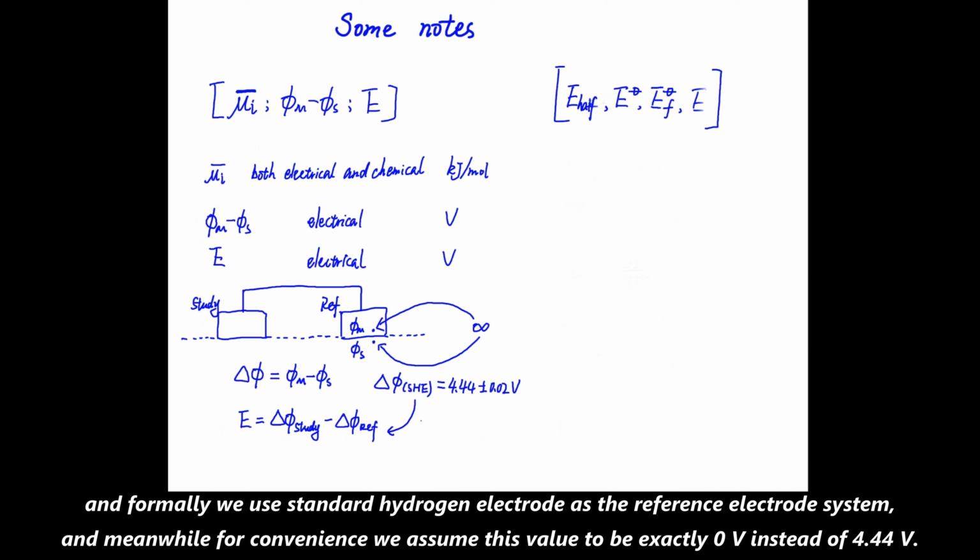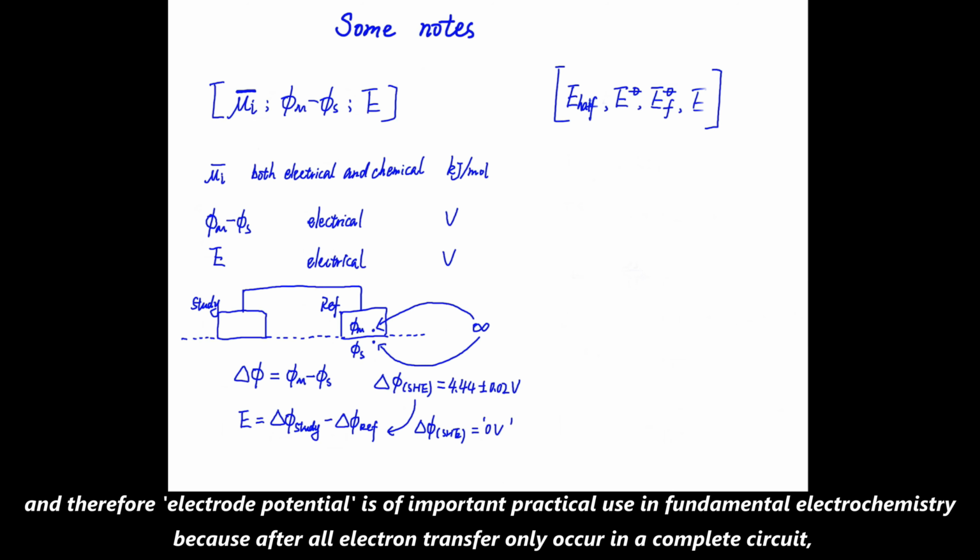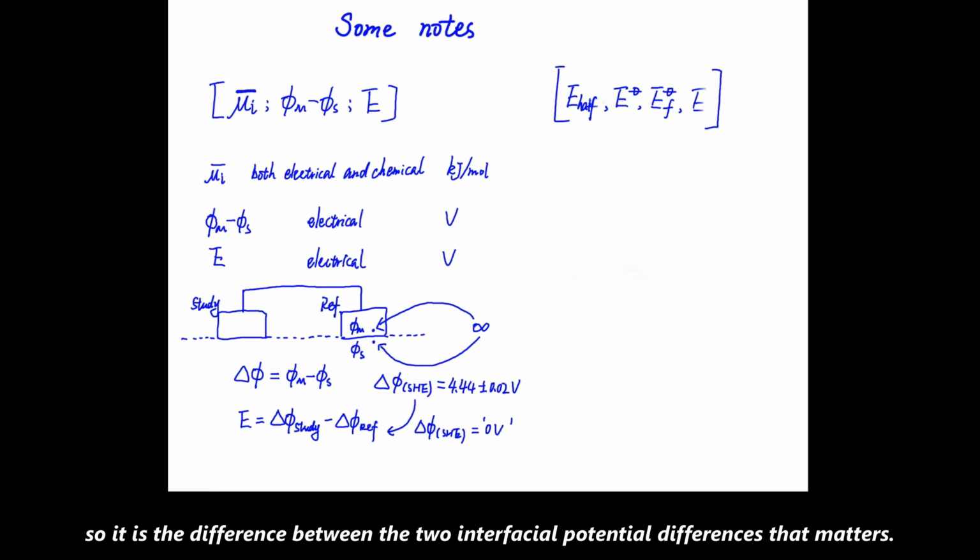And meanwhile, for convenience, we assume this value to be exactly 0 volt instead of 4.44 volt. And therefore, electrode potential is of important practical use in fundamental electrochemistry, because after all, electron transfer only occurs in a complete circuit, so it is the difference between the two interfacial potential differences that matters.